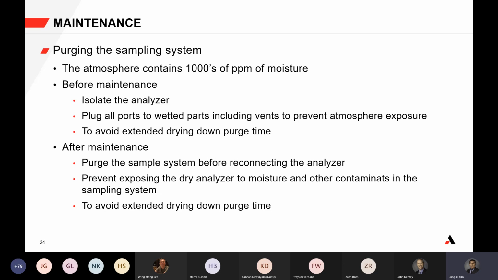But if you want consistent reading from a bottle, you have to keep the condition stable. That is a good practice to keep the bottled moisture standard stable. That would help to get a consistent reading. But there are other factors, as I said, that also contribute to it because of the delivery system.